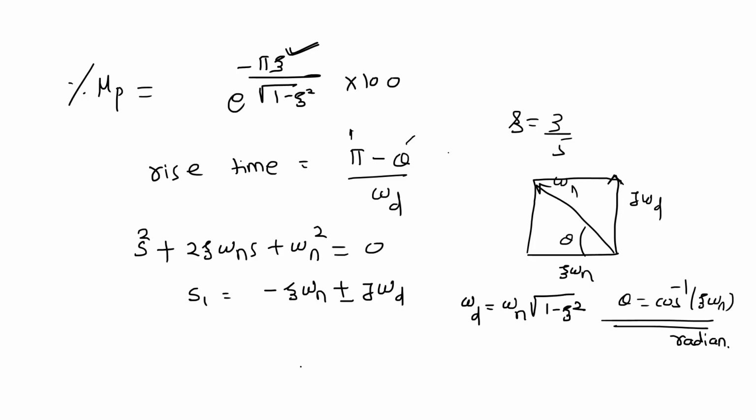If you want to draw this, minus zeta omega n is the negative real part, and j omega d is the imaginary part. So this will be omega d, and this will be zeta omega n. If you find the hypotenuse, that gives you omega n. This is just the Pythagoras theorem applied. This is omega d, which is 4 given, and this is 3 given. So omega n is 5, sir.